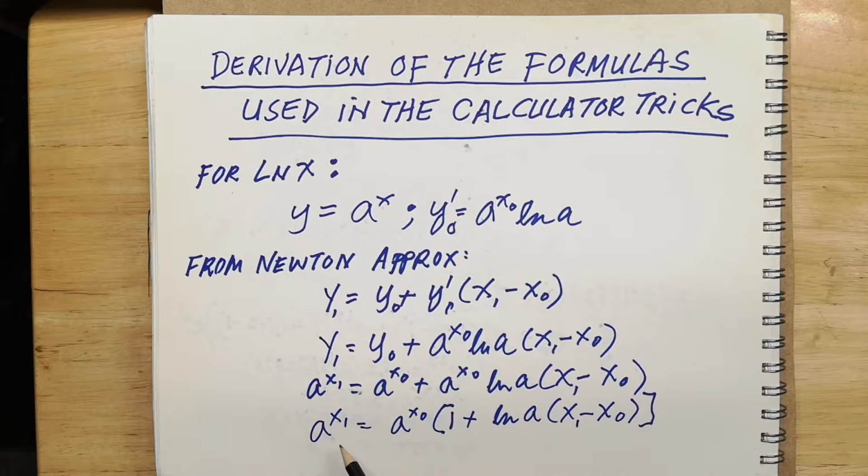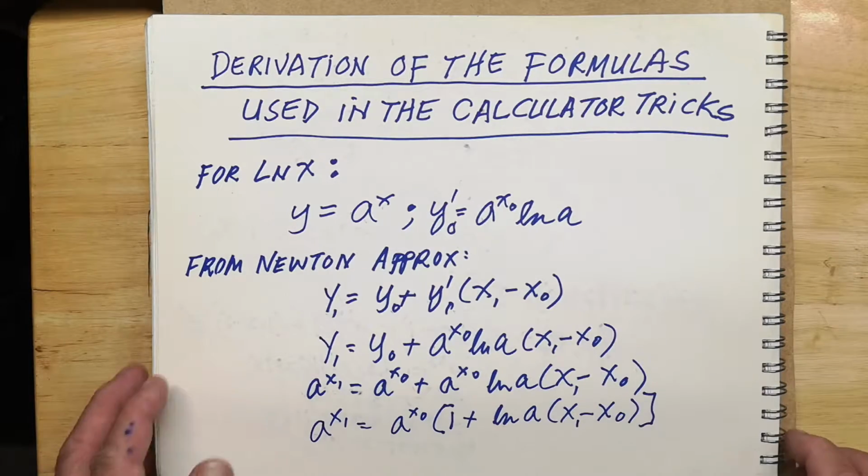So rearranging, a to the x1 is equal to a to the x0 multiplied by 1 plus ln of a times x1 minus x0.